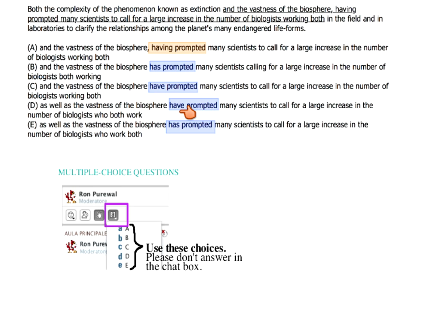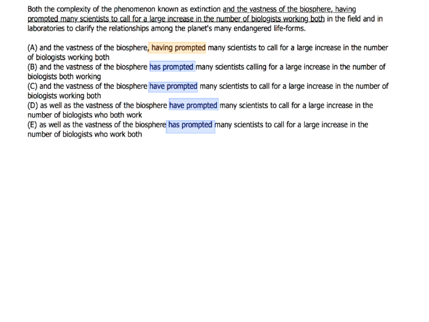So overall, ultimately the core of the sentence should be something like the dog ran after the ball or whatever. But here you have two things as subjects. So you have the complexity of this thing and also the vastness of this other thing.